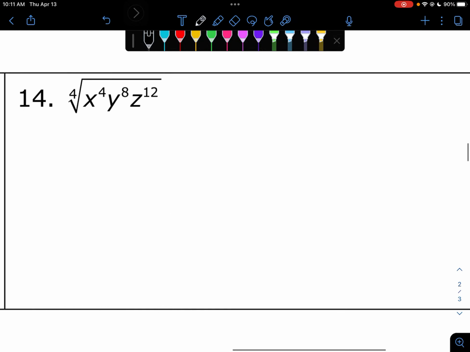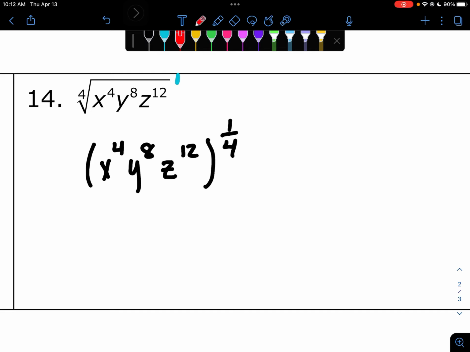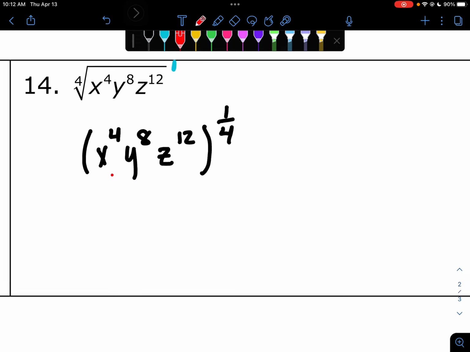Last one, number 14. So I see this is to the 4th root. I know the power is 1. So this is really x to the 4th, y to the 8th, z to the 12th, all raised to the 1/4 power. There was nothing I could combine in here, so that's why I chose to convert.